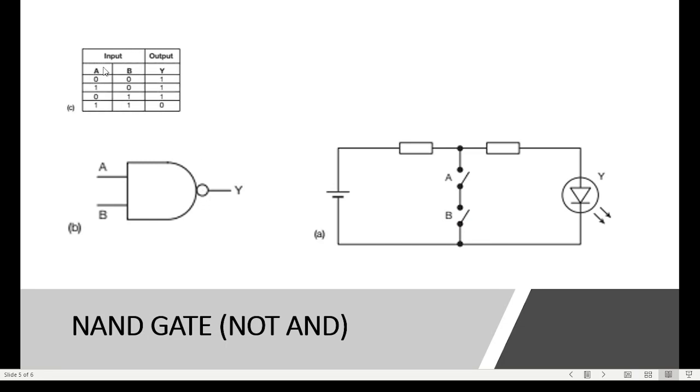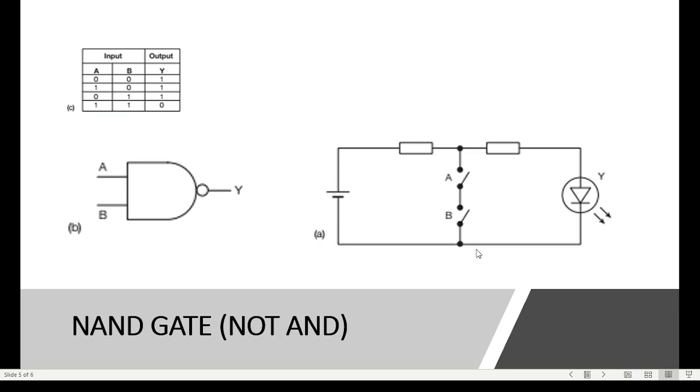Now this is what happens if both switches are on. Then you'll notice that the current will go here, making the circuit operate in normal operation, right, where the Y is on. Now if we have A on, what will happen is that the current will not go through.